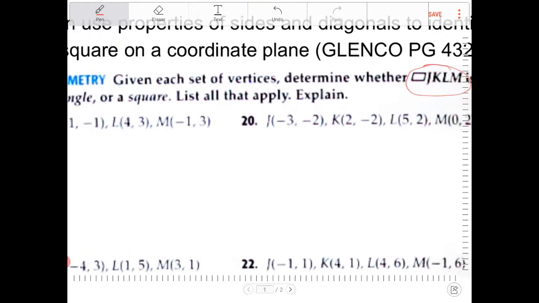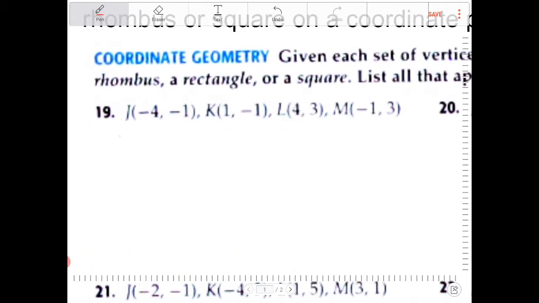So we can draw JKLM in this manner here, and it really doesn't matter. Either way you draw it, the interpretation will always end up being the same. And that is the diagonals.